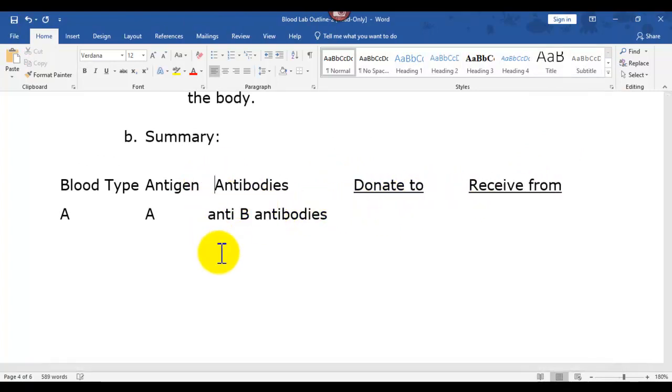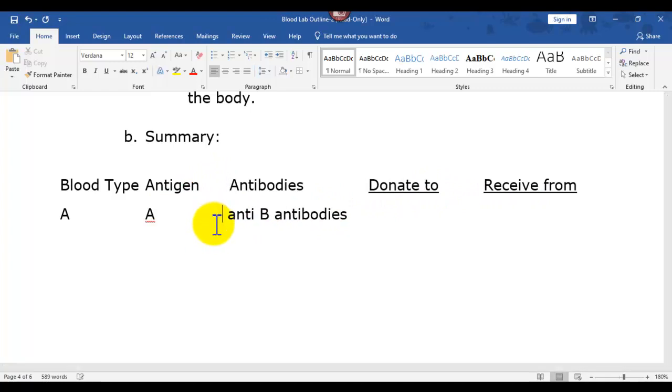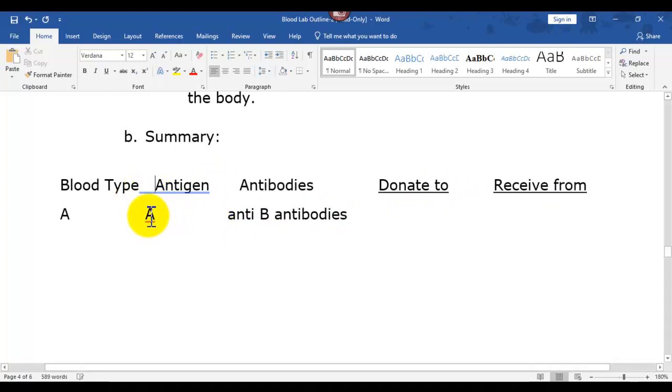So, if you are type A blood, there we go. You have an A antigen, and this has to do with your immune system. Your immune system will go around before you're born and inventory all of your cells so that your own system will not attack your own cells.